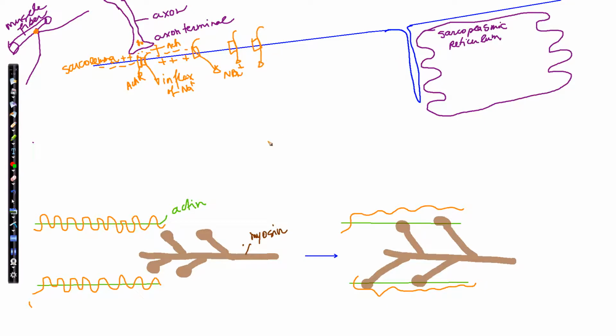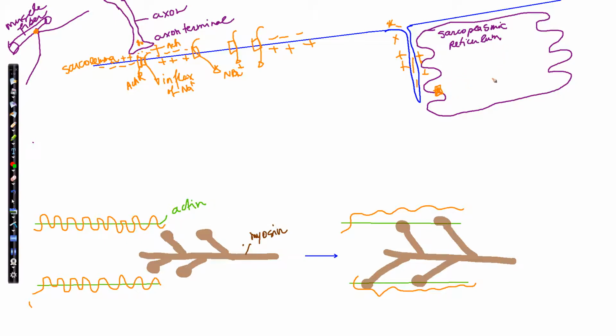Okay, more sodium is going in. So this depolarization continues all the way to here. So negative outside, positive inside, right? And when this is happening, it also activates voltage-gated channels that you have in the membrane of the sarcoplasmic reticulum.